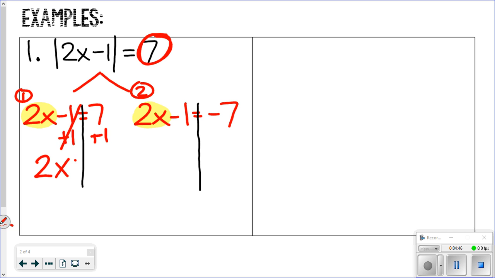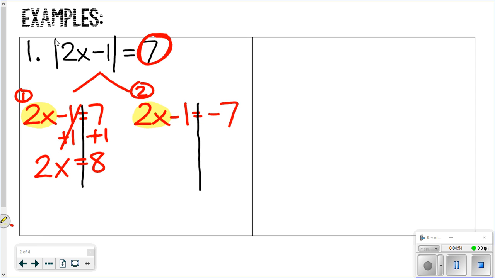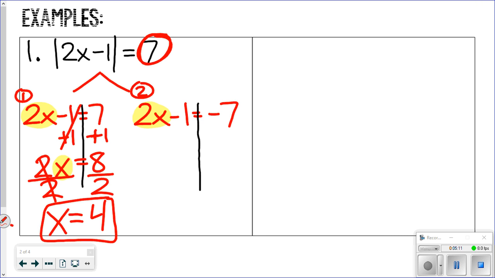So 2x equals 7 plus 1 gives us 8. Then we want to get our x all alone. So currently, there's a 2 out in front of it, and they're being multiplied. The opposite, let's divide by 2. 8 divided by 2 is 4, so there's our first answer.